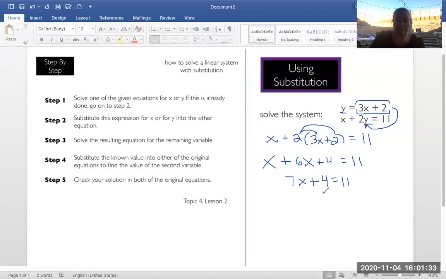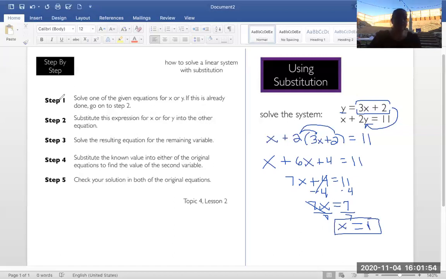equals 11. Now we're going to subtract 4 from both sides. And we get 7x equals 7. Last step is to divide both sides by 7. And we see that x equals 1.